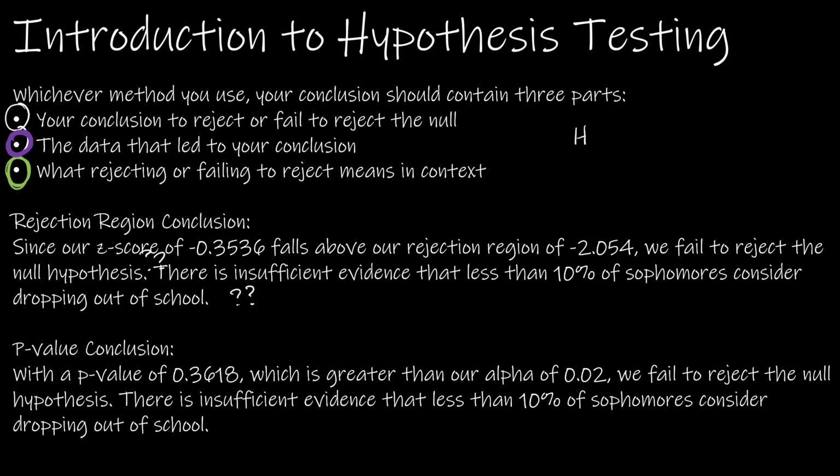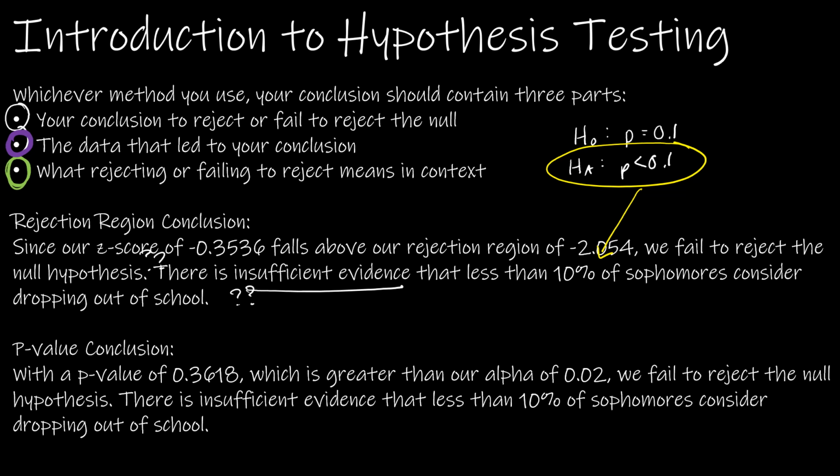Well, let's remember. This was our null. This was our alternative. So if I fail to reject the null, then there's insufficient evidence that this is true. And that's where this came from. There's insufficient evidence that less than 10% of sophomores consider dropping out of school.